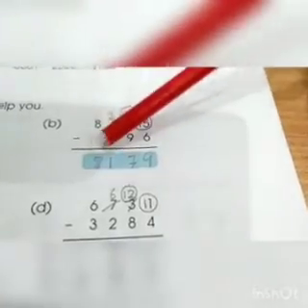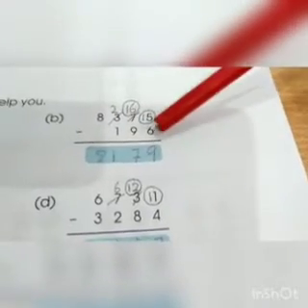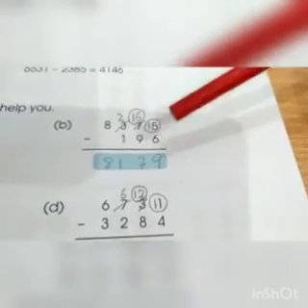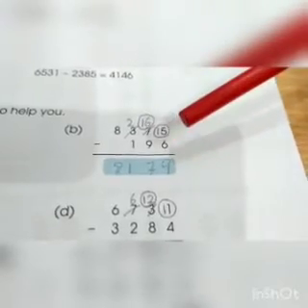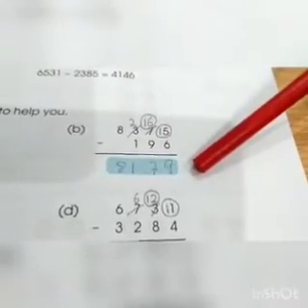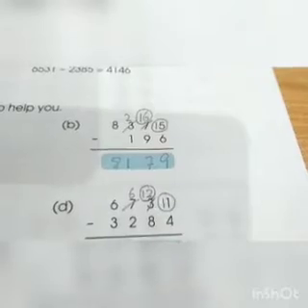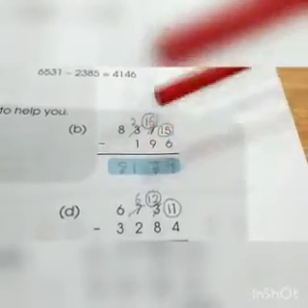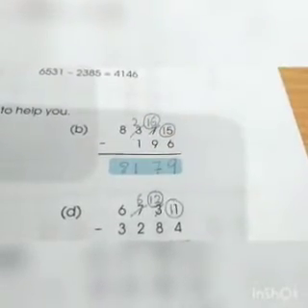Part B, 8,375 minus 196. 5 is smaller than 6. The minuend is smaller than the subtrahend. We can't subtract. We need to borrow from 7. Give me one of your 10s so I can be 15. 15 minus 6 is equal to 9. Now in the tens column you can see 6 minus 9, we can't subtract.